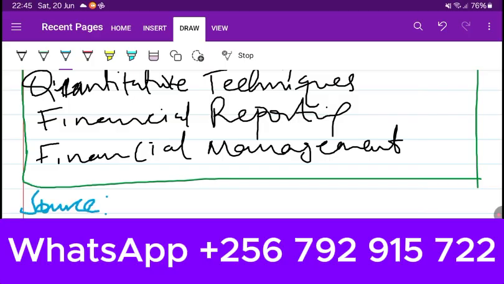Of course, we have got it from the Institute of Certified Public Accountants of Uganda. I can use ICPAU. If you have got this information from a website, you just put the website where you have got this information. And that's it. It means from there you have presented it well.